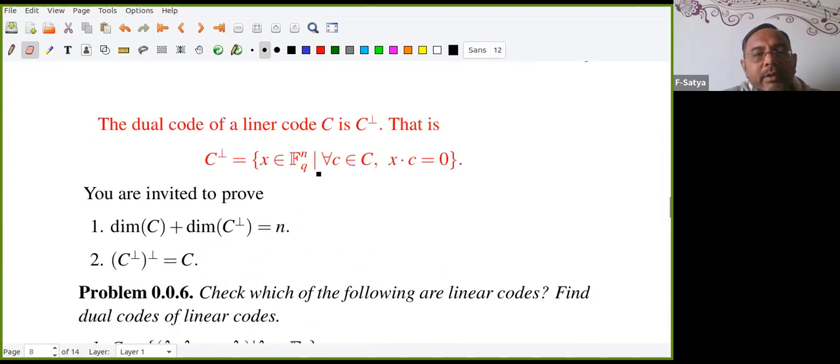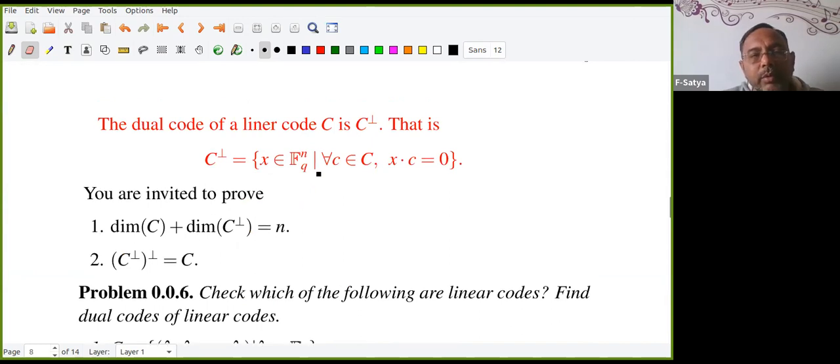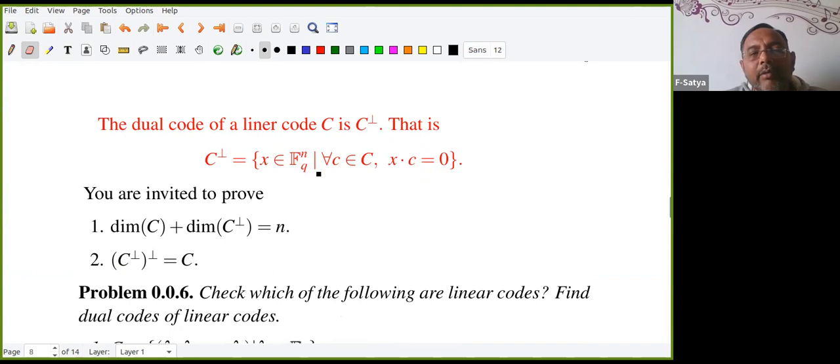Okay, so the dual code now. The dual code of a linear code C is C-perp. That is, C-perp is equal to all the vectors in Fq power n which are orthogonal to all codewords.